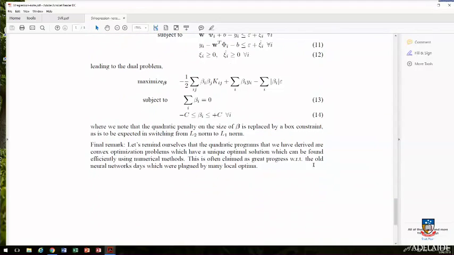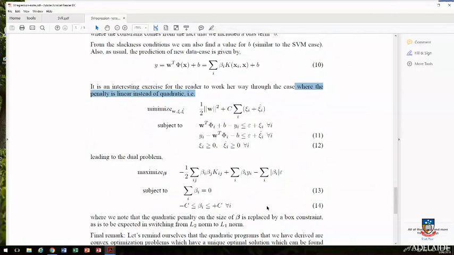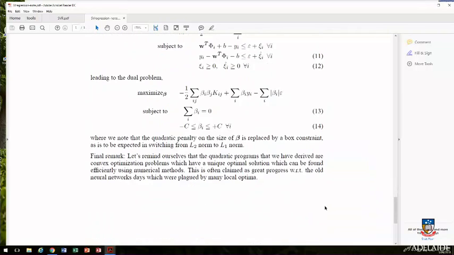All right, so the homework for you is to derive the dual problem from this primal. Okay, it's important. Any questions for the support vector regression?